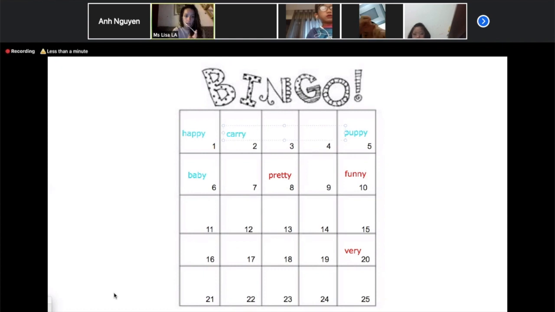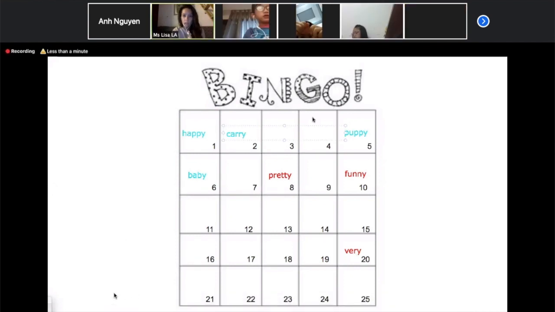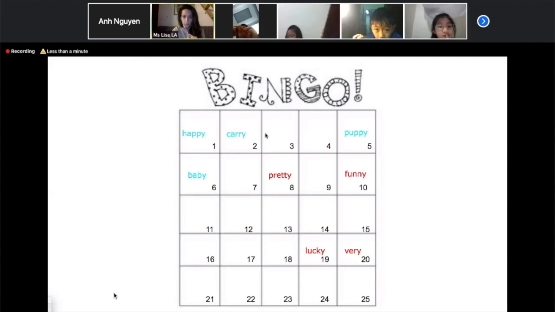Okay, Harry Kane, your team red. Choose a square. 19. Okay, 19. All right, your word is lucky. L-U-C-K-Y. Okay, good job. All right, Lily, your team blue. Choose a square. 3. Okay, your word is only. O-N-L-Y.